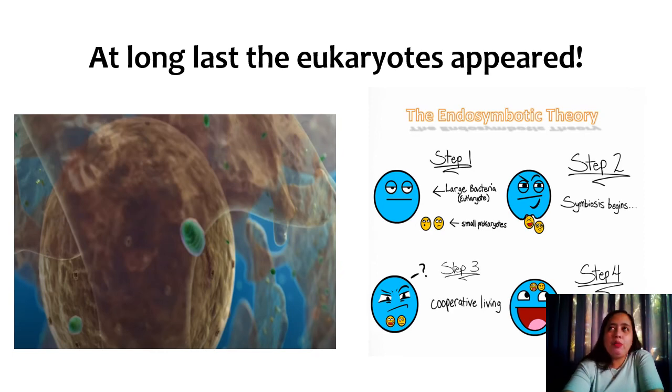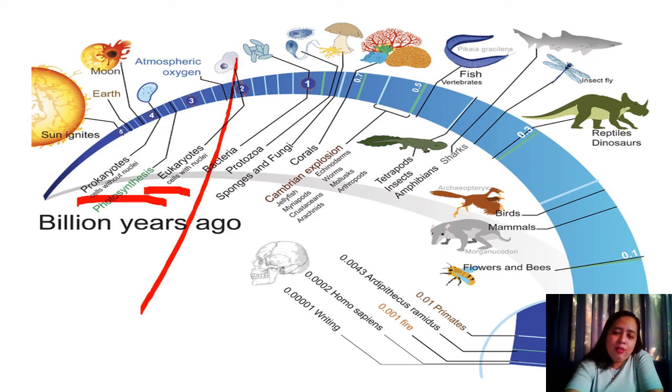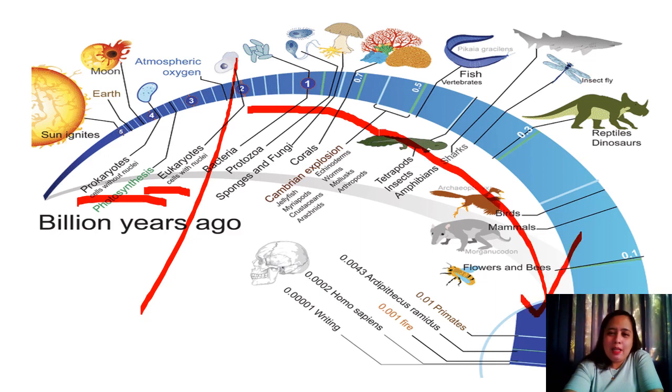Meron pa naman. But we also have now the domain of eukarya because of this process. So, because of that, may prokaryotes ka na, may eukaryotes ka na, there's now the start of the entire evolution of life on our planet.